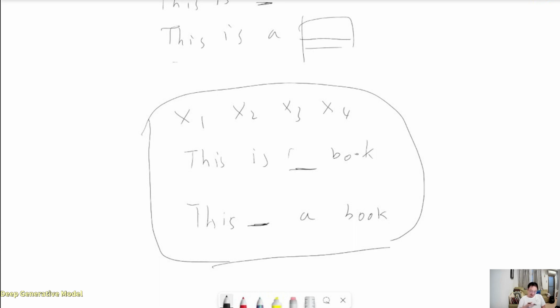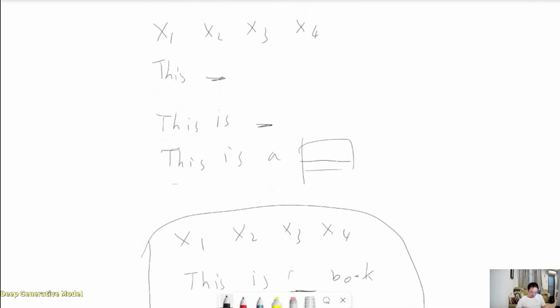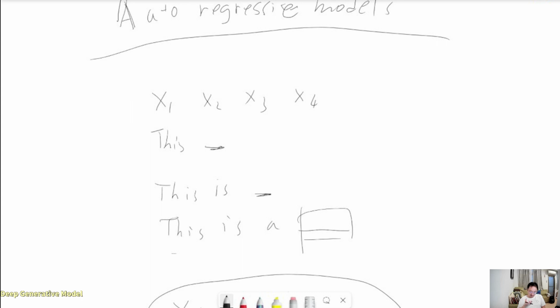If you don't have this kind of alternative method in your mind, then autoregressive pretty much means nothing to you because it's just probabilities. Because it is a joint probability, we just simply decompose the joint probability into a chain of conditional probabilities. So what?